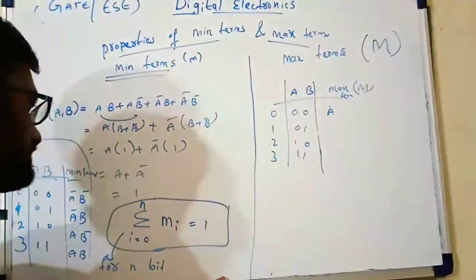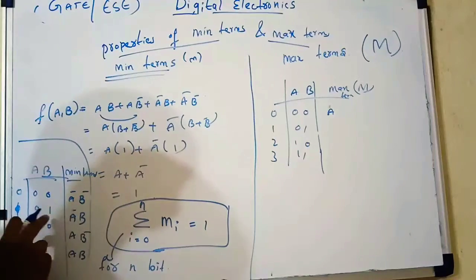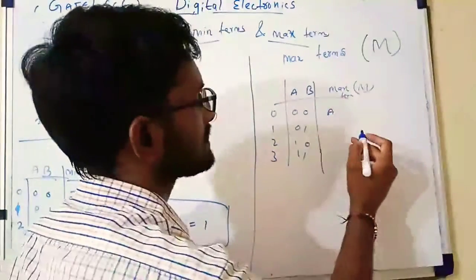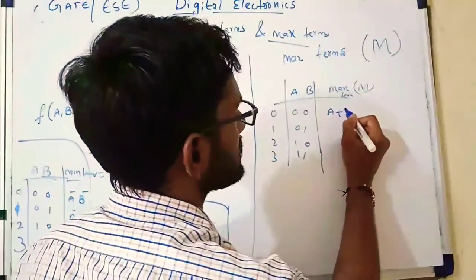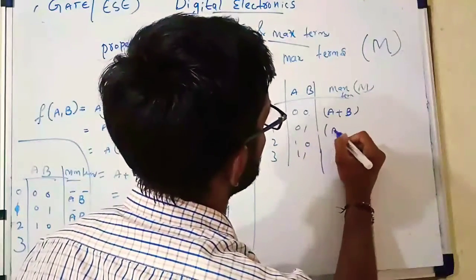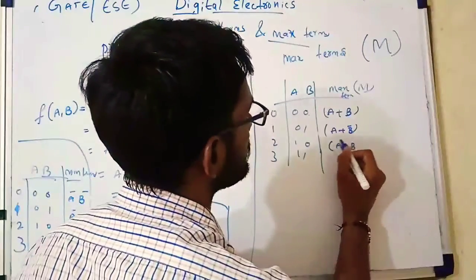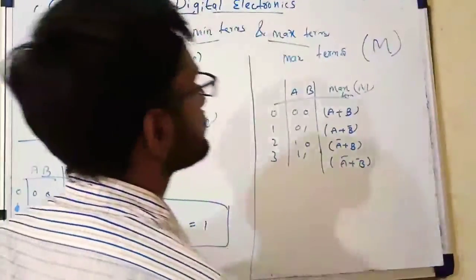In minterm, where there is 0, we take A bar, and where there is 1, we take B. But here it is simply the opposite. 0 is nothing but A, and this is a maxterm, which is a sum term. The 0 represents the B. This is A plus B bar, A bar plus B, this is A bar plus B bar.